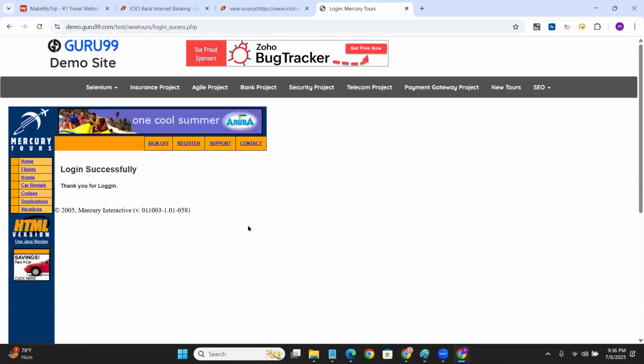Now see how it responded. Login successfully. But what is your expectation? Unsuccessful login operation. But it is saying successful login operation. Understand? So you got the deviation between what we expect and the actual behavior.